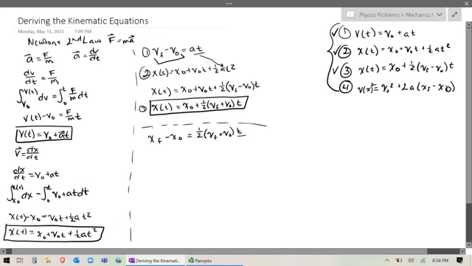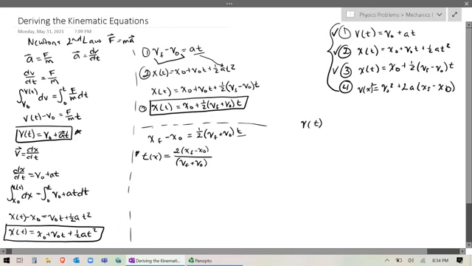So solving for t as a function of position, we're going to get 2 (x final minus x initial) over (velocity final plus velocity initial), and we're going to plug this into equation 1 for t.